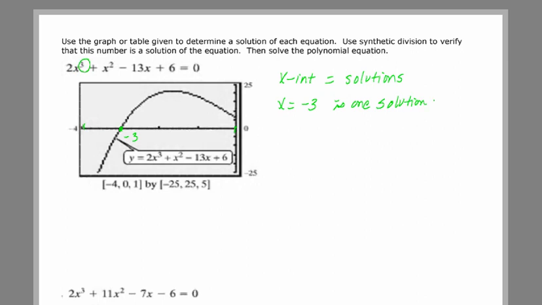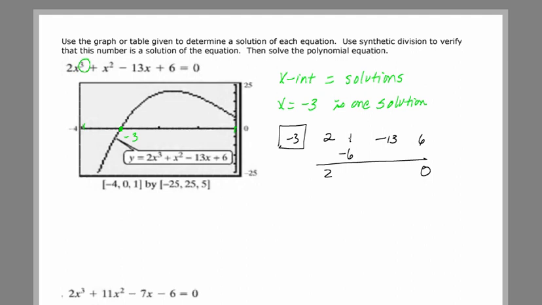Well, there are 2 others that are left, so we'll do what we did earlier, which is verify that -3 is a solution. So let's go ahead and do synthetic division. We should expect to get a remainder of 0.